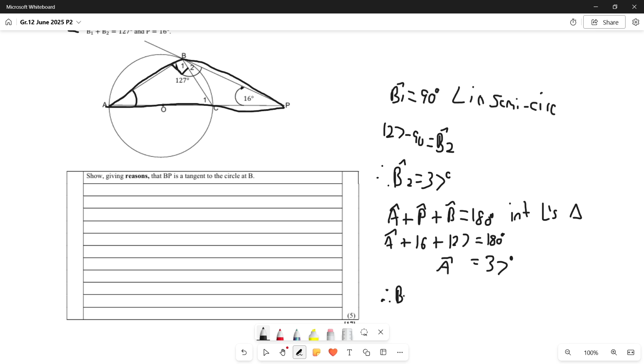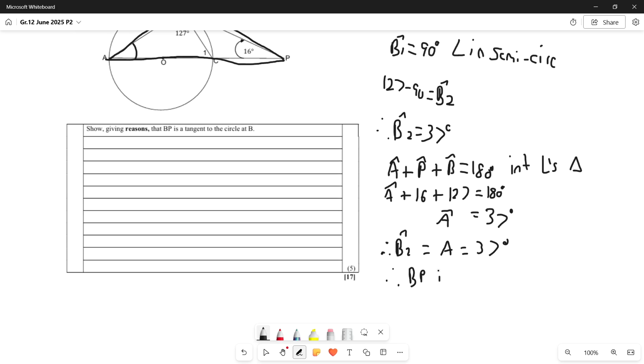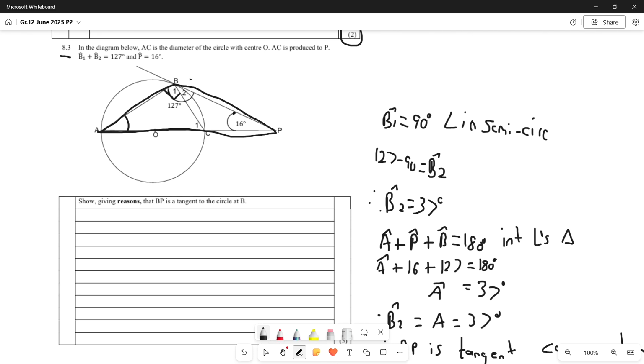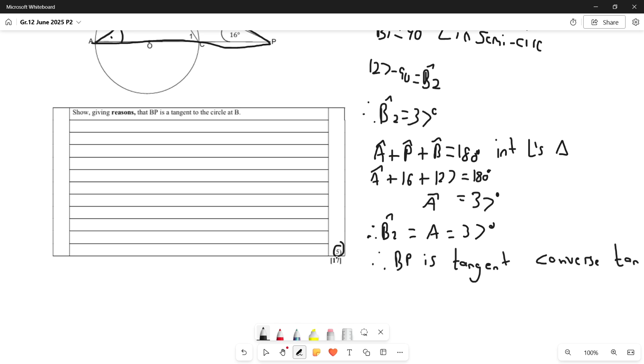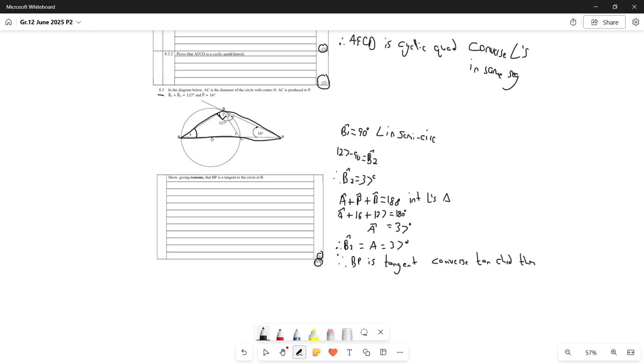So therefore B2 equals A equals 37 degrees, and therefore BP is tangent because converse tan chord theorem. Okay, and that is our final answer, and that just earned us 5 marks and 17 marks for this whole section. Great job, guys. Let me know if there are any questions in the comments below, and then I will see you in the next video.